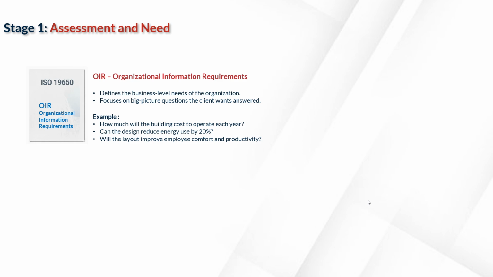So once the client's big picture goals are clear through the OIR, the next step is to define what specific information will actually be needed about the building itself, not during the design but after it's built and in use. This brings us to our next document, the AIR, or Asset Information Requirement.